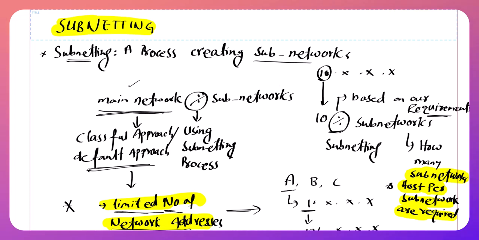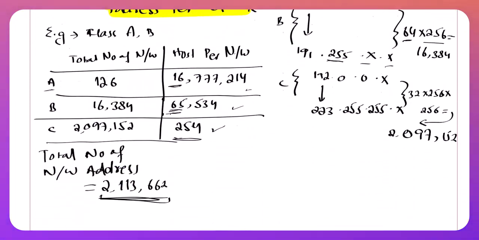So based on this we will decide the division process. So this was subnetting, and we understand it as a process of creating subnetworks based on our requirements. Requirements mean how many subnetworks are required or how many hosts per subnetwork are required.